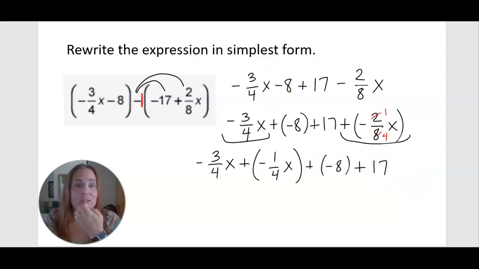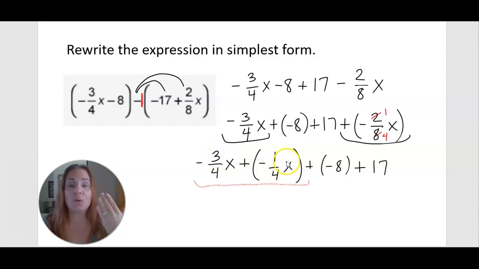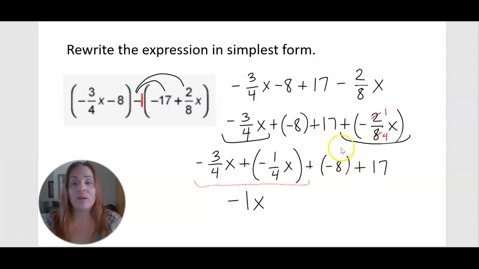Okay, so time to do some addition here. So if I look at them and they are the same sign, that means they're on the same team, right? So 3/4 on the negative team, 1/4 on the negative team, put them together, 3/4 plus 1/4 is 4/4, which is 1. But they're on the negative team, right? So I get negative 1x.